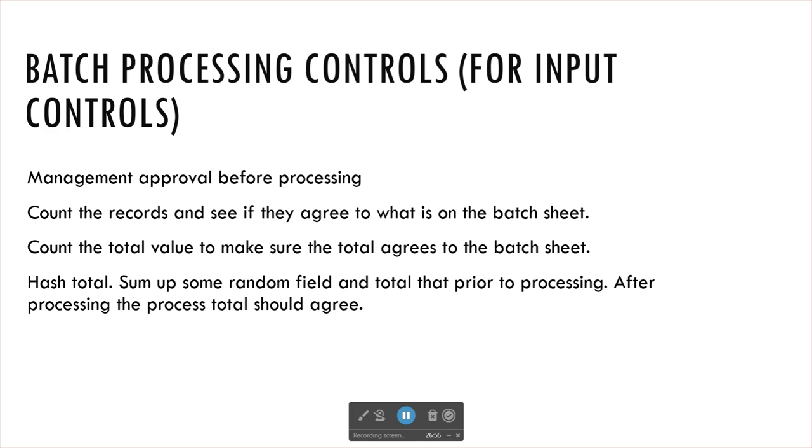So what if you did your totals wrong on that first piece of paper? Well, it would say that no, something's missing. We don't come up with that same total when the computer processed it. It was just that you added things up wrong. So again, this highlights one of the problems with batch processing.